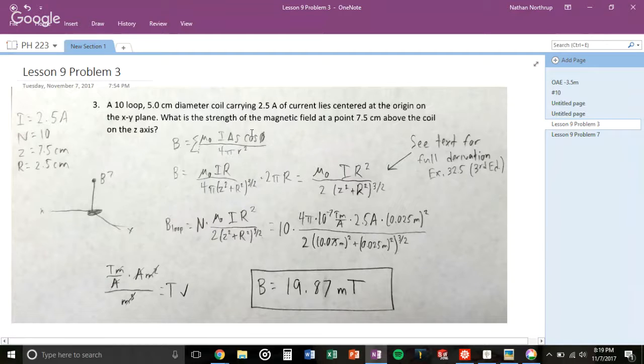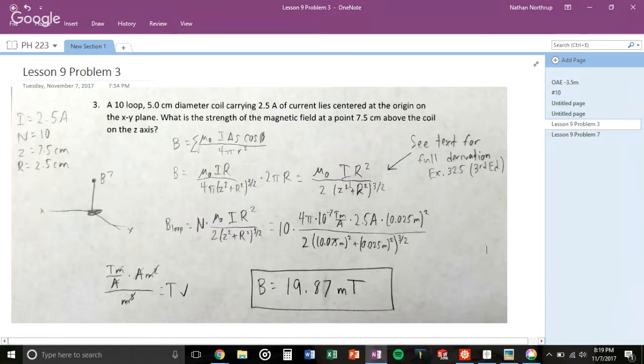For this particular instance, there's actually a derived example in the text that we used, which after a lot of summations and drawing relationships between this angle and this R and the height and radius of our circle, we end up with this expression.